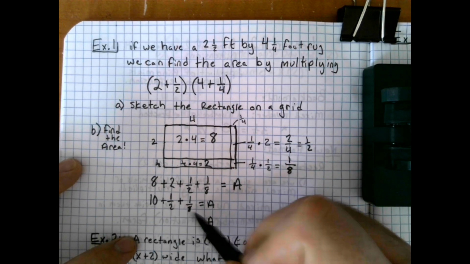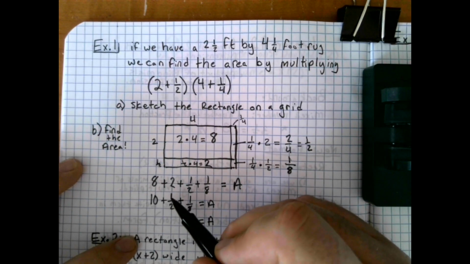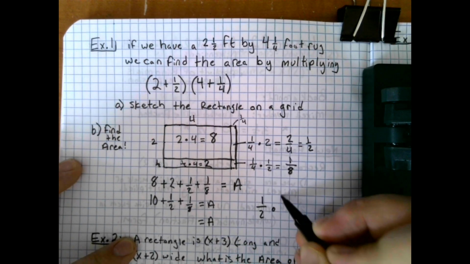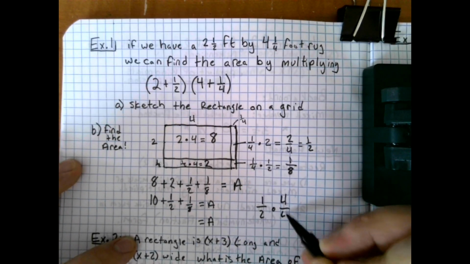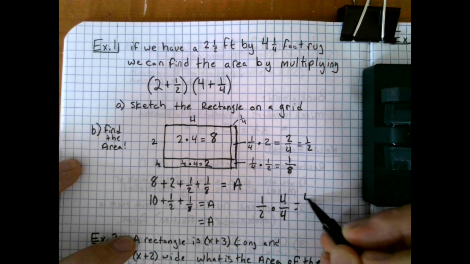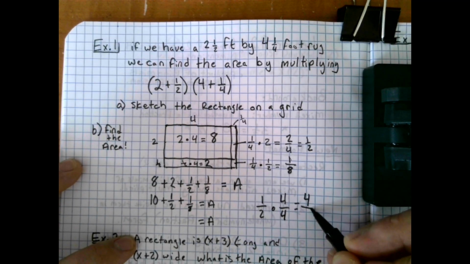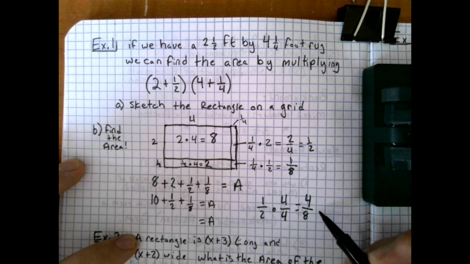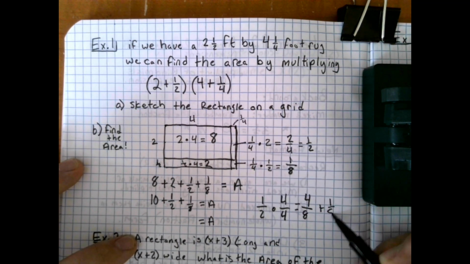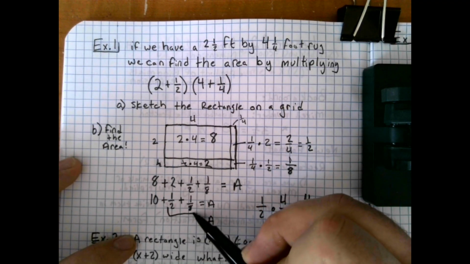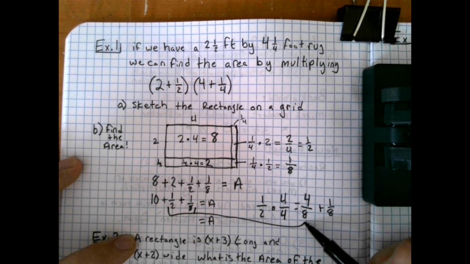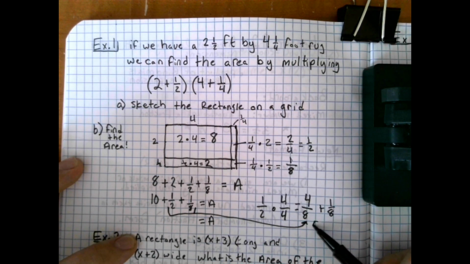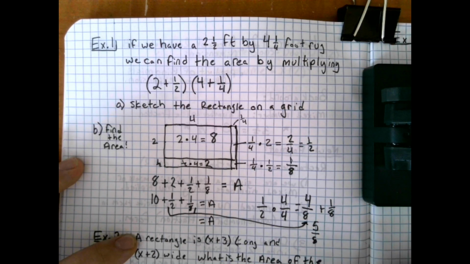Now, in order to add these, we can change a half to an eighth. Remember that if we multiply the top and the bottom by the same thing, in this case it's going to be 4 over 4, we're going to get 1 times 4 over 8. Now, in that case, we can do 4/8 plus 1/8, which is this section here, which would give us 4 plus 1, which is 5/8.